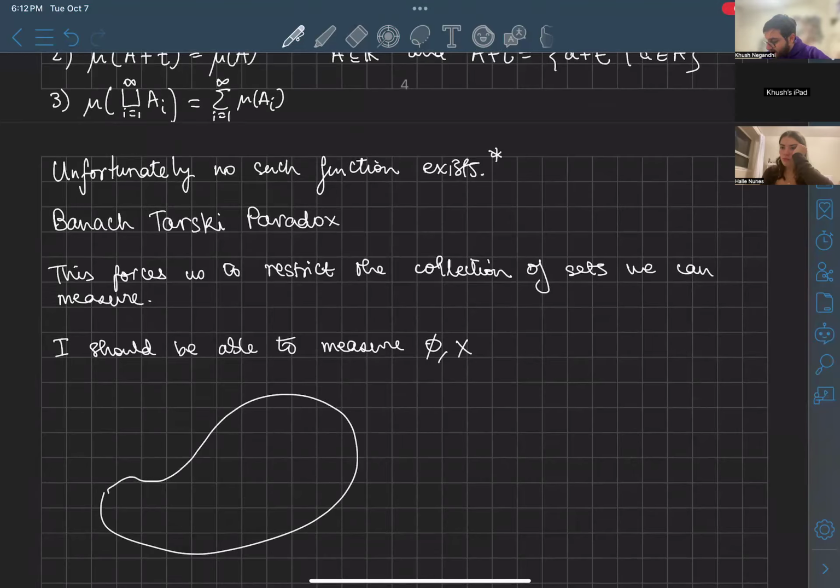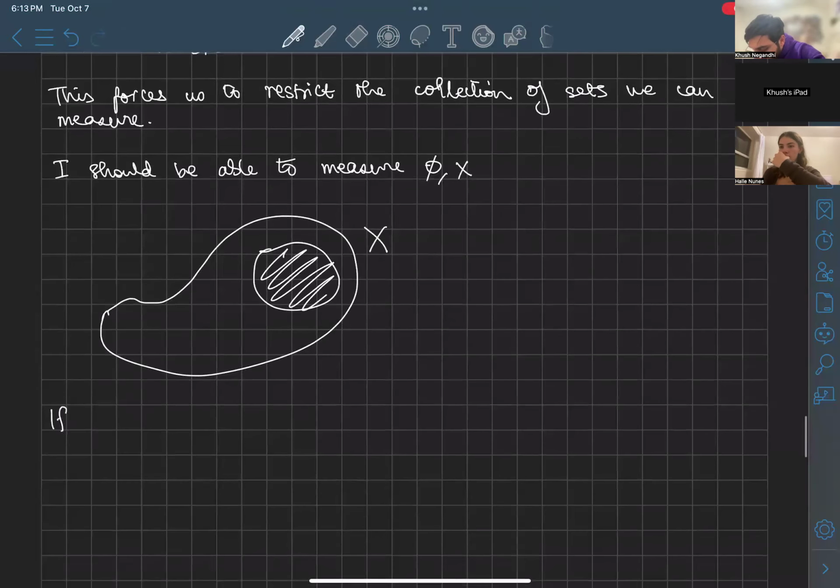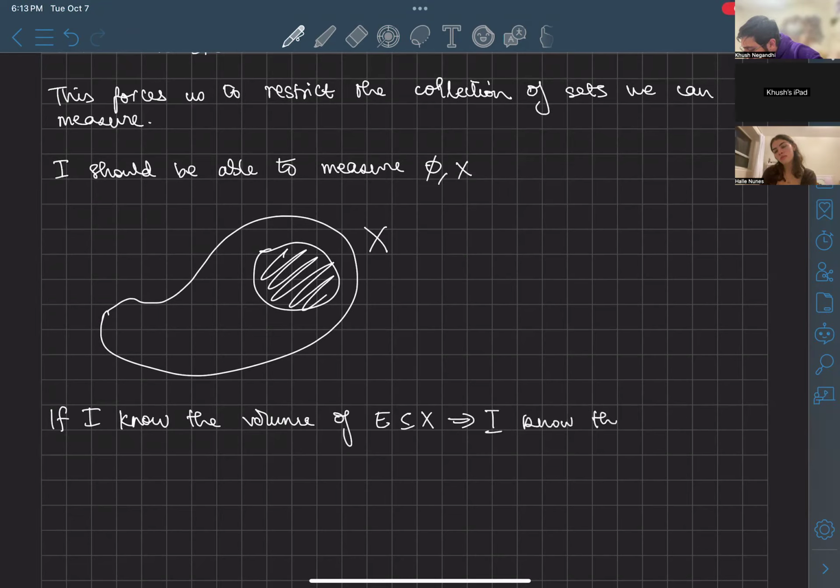Say this is my X, and I know the volume of this circular region E. If I remove it from X, I can find the volume of the remaining portion by subtracting from the total volume. So if I know the volume of E in X, then I know the volume of X remove E.